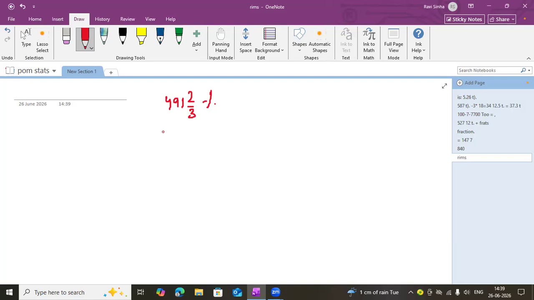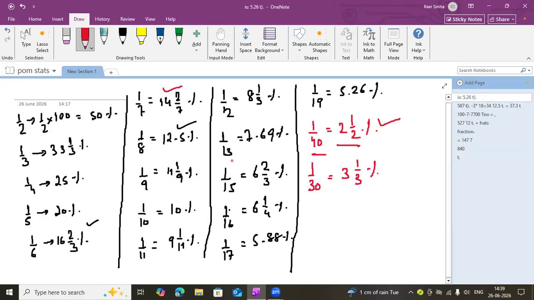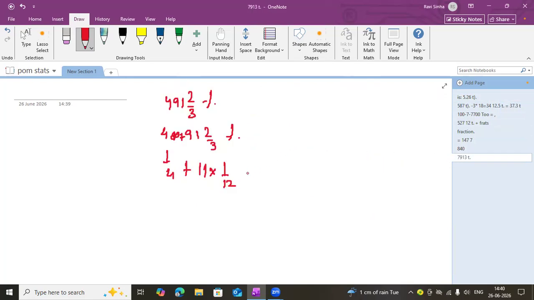This can be written as 400 plus 91 2 by 3%. 400% is 4 and 91 2 by 3%, if you solve it, is 11 into 1 by 12. 1 by 12 is 8 1 by 3%.